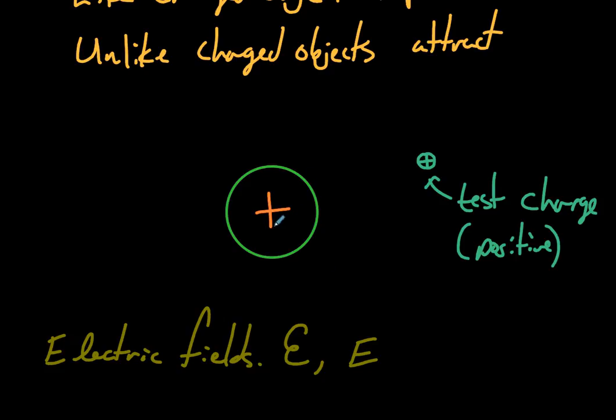Now we said that like charges repel. So we're going to think about wherever I put this test charge, it is going to feel a force in some direction, right? So if you think about it, because it's repelling, I could take it and move it anywhere in here. No matter where I move it, it's going to feel a force away from the central charge.